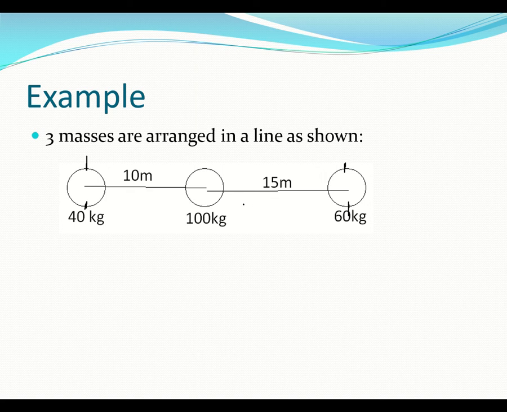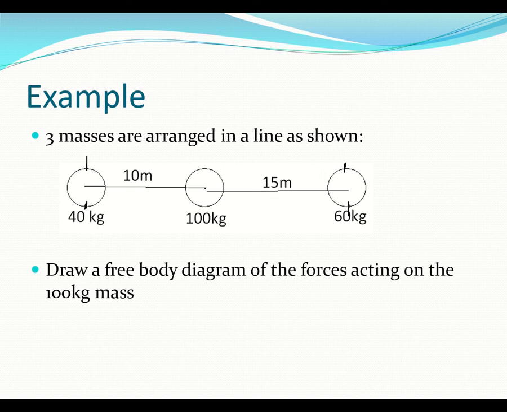The next thing you need to do is draw a free body diagram of the forces acting on the 100 kilogram mass. The 100 kilogram mass is going to be attracted to the 60 kilogram mass. So let's call these 1, 2, and 3 so we can label them. This is the force of gravity from mass 3. Right? It's going to pull it that way. It's also going to experience a force of gravity towards mass 1.